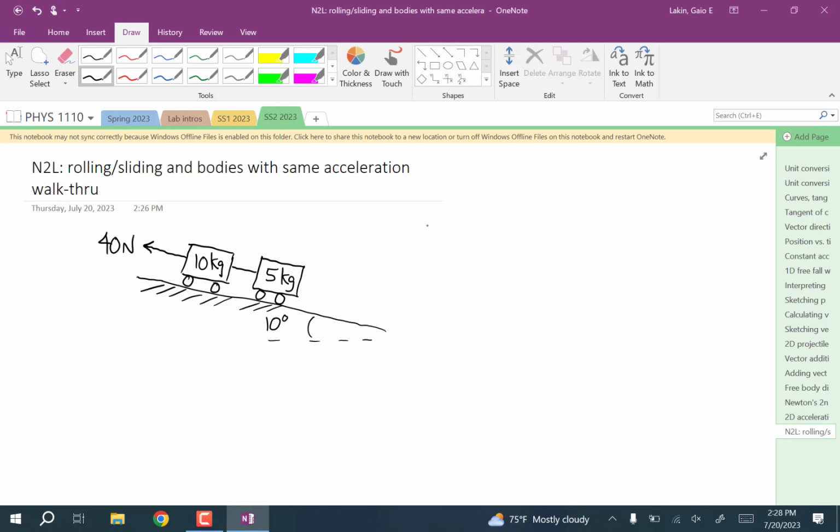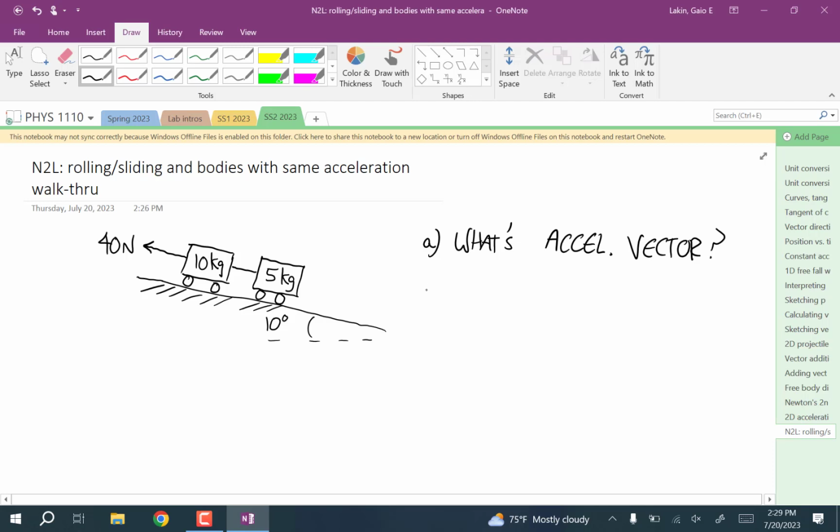And we want to know, first, what's the acceleration vector? And I could be asking that about either one of these two bodies because their accelerations are going to be the same.